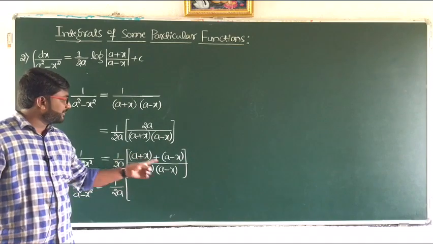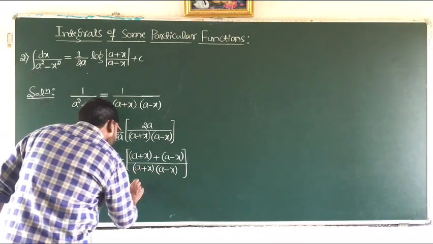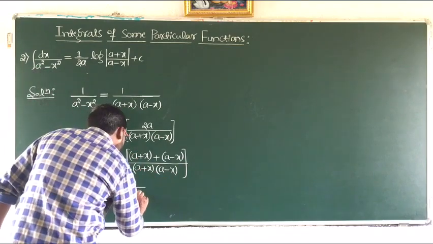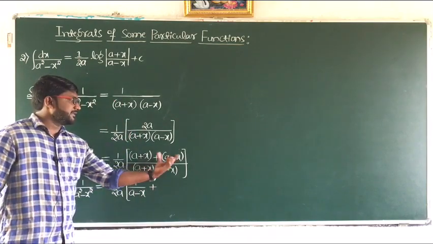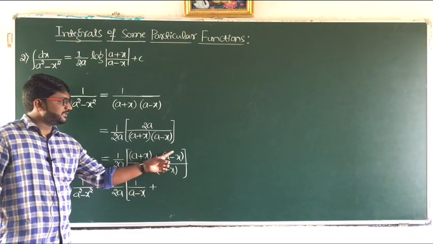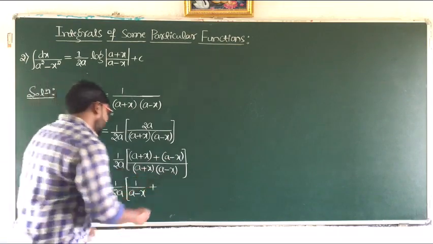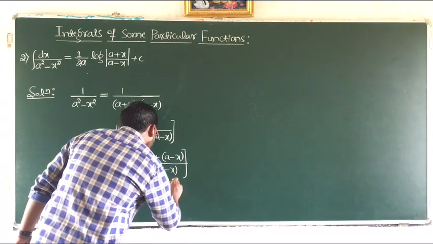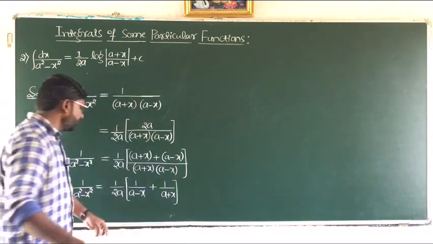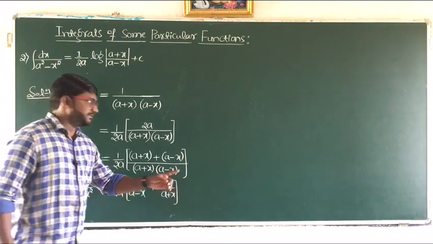We have only 1 by a minus x. 1 divided by a minus x plus, now a minus x divided by these two terms, a minus x and a minus x get cancelled. So we have a plus x. Close the bracket.